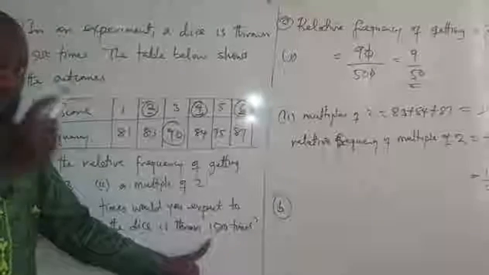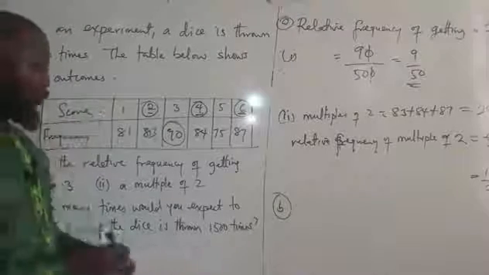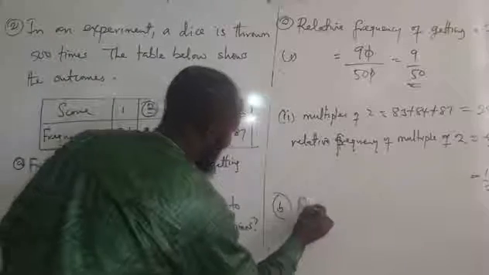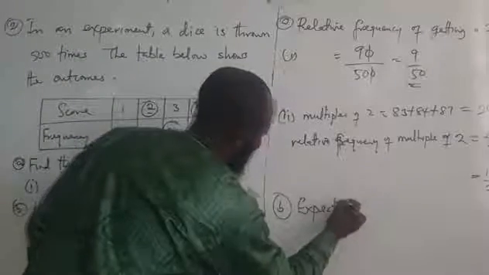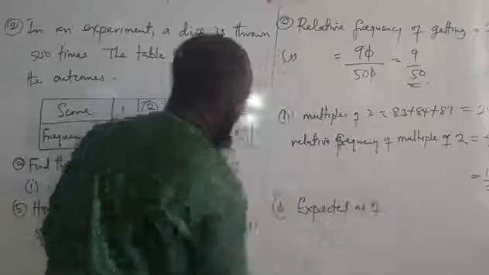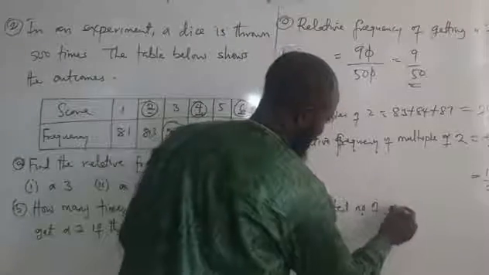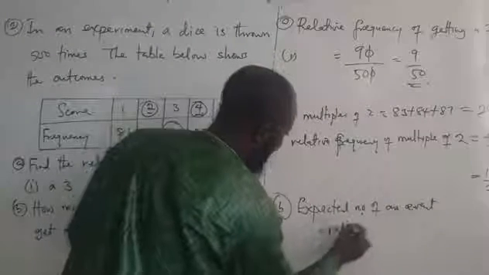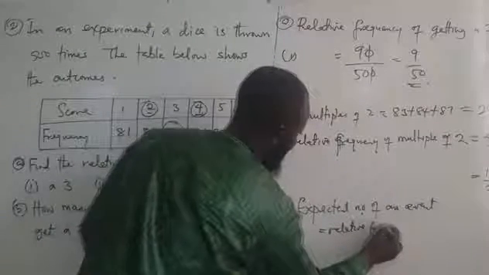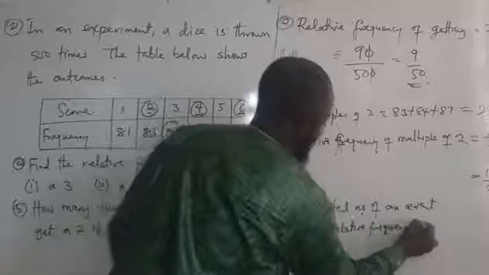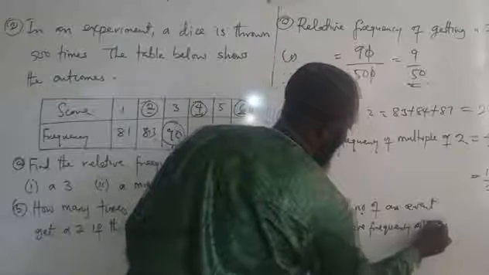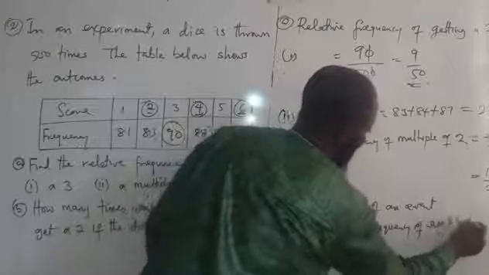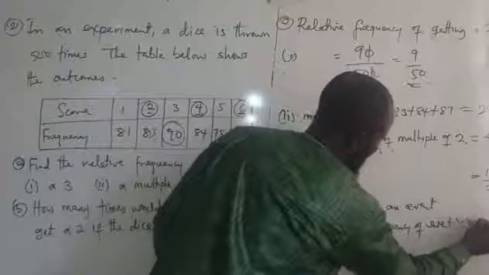That is the expectation that we just told you. So the expected number of an event is the relative frequency of that event multiplied by what? The number of trials.